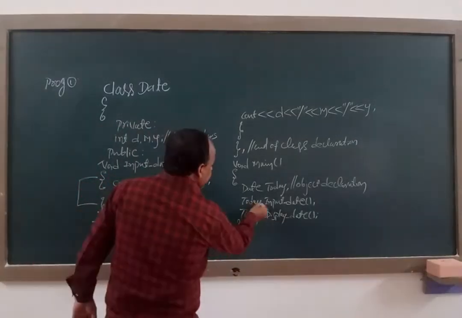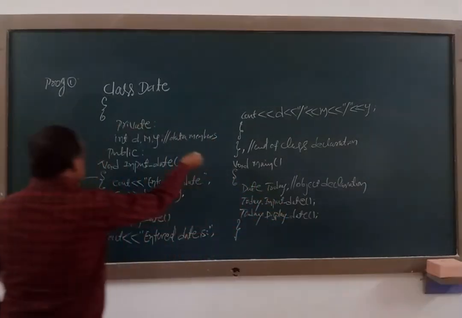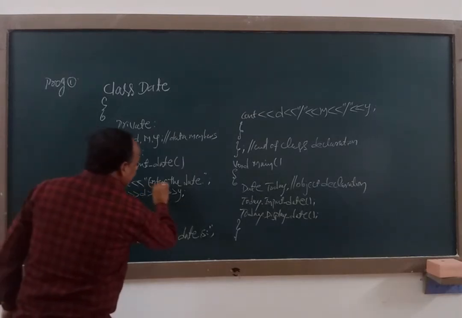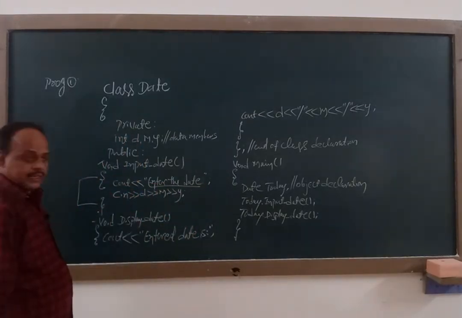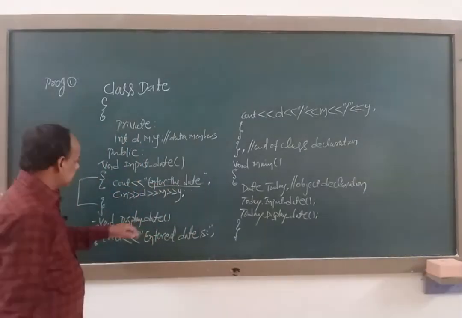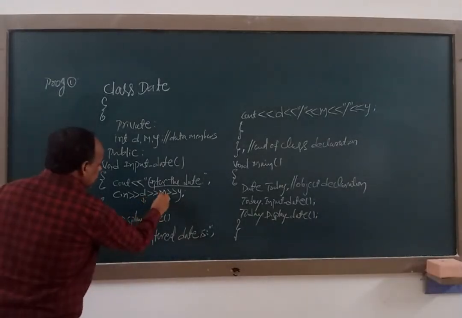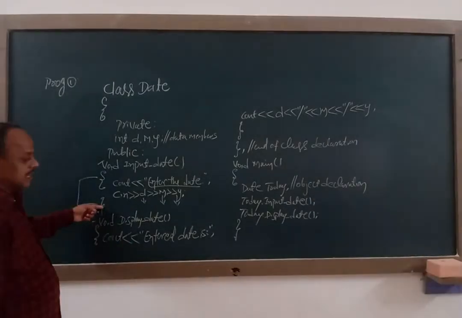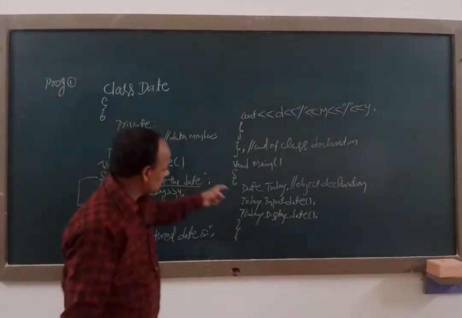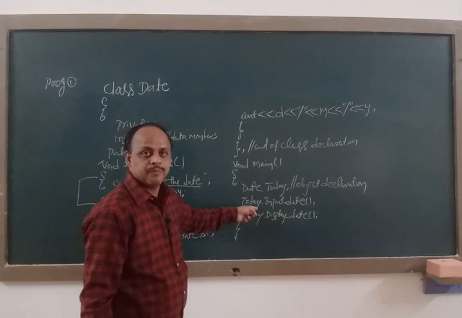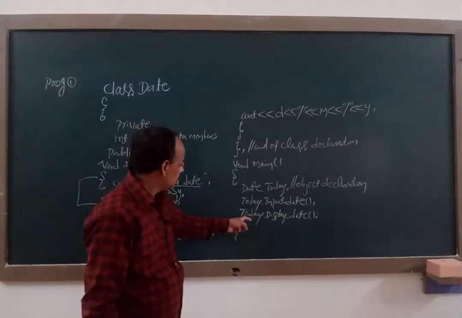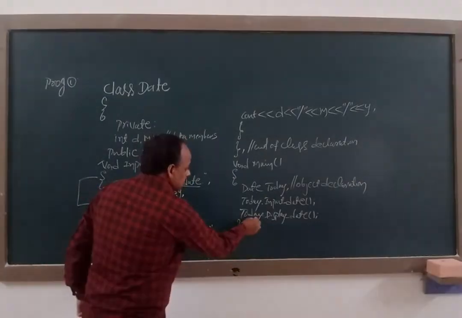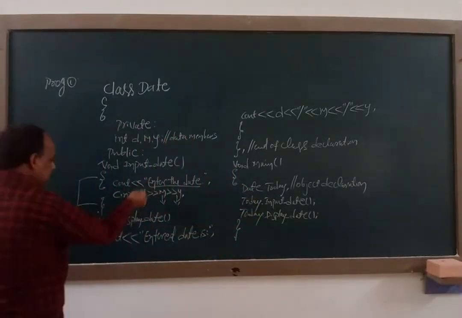So today dot input date function means the cursor comes here. Here one cout statement is there: enter the date. I am entering day, month, year, and that is stored in this D, this M, and this Y. Afterwards this function is closed. The cursor comes once again to the main function, where today dot display date function is called.